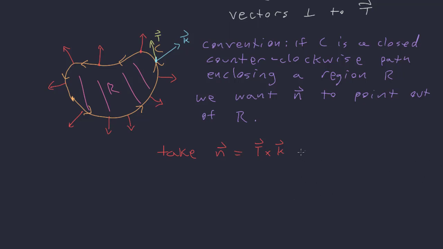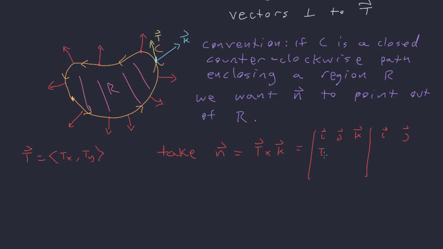Let's recall how a cross product works, I know it's probably been a while. I'm going to say T is the vector T sub x, T sub y, just to simplify things.